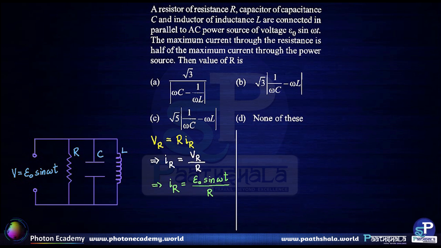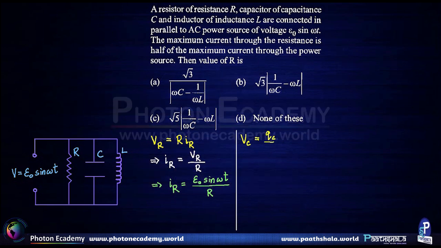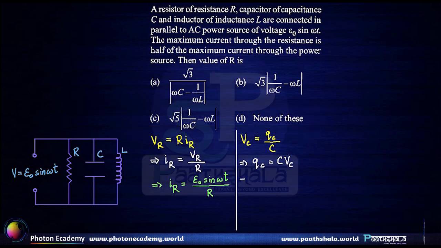Now let us try to find the AC current through a capacitor. We have the potential difference across a capacitor is equal to the charge stored on the capacitor divided by the value of the capacitance. So we have the charge stored is equal to the capacitance multiplied by the potential difference across it.